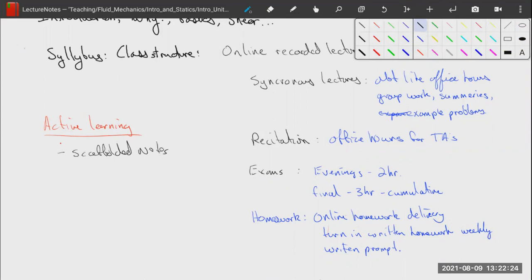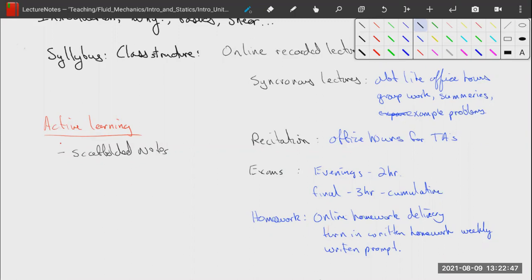So with the scaffolded notes, I give you notes where the figures are already drawn. A lot of the structure of the lecture is already drawn, or is there, the words. But the important parts I have erased, right? And I'm going to fill them in my lectures. And then you're also going to fill them in when you're watching the lectures, but you're going to do it in your own way, right?